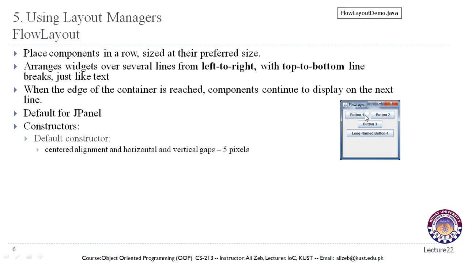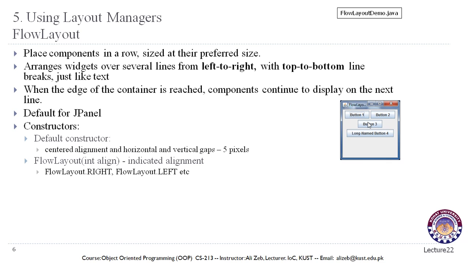For example, button 1, button 2, like text, when the line ends, the next button goes to the next line, and similarly, since this button is too long for this line, it is added on the following line, and the buttons are aligned centrally. There are 5 pixels of space between these buttons, horizontally as well as vertically.